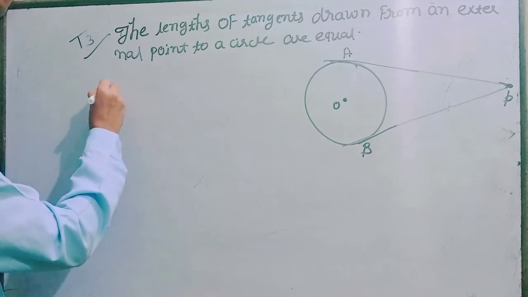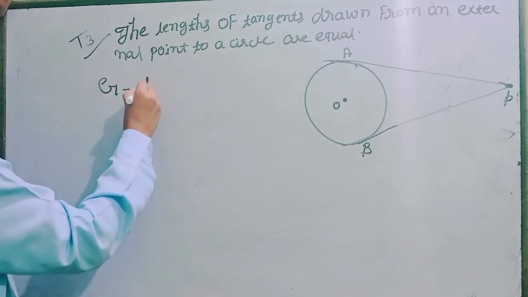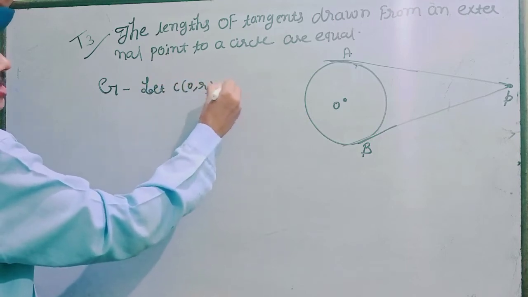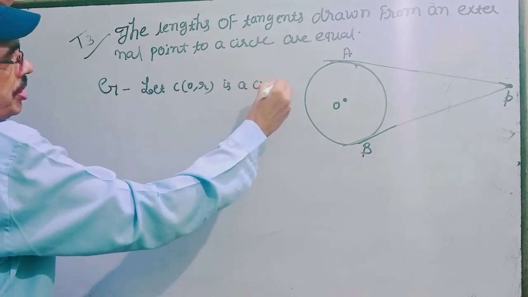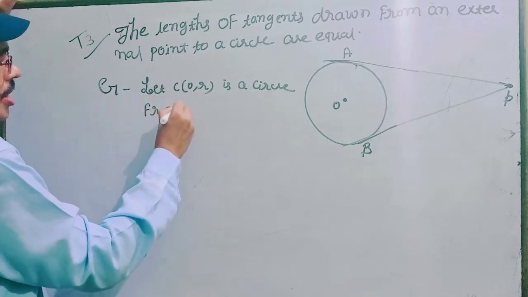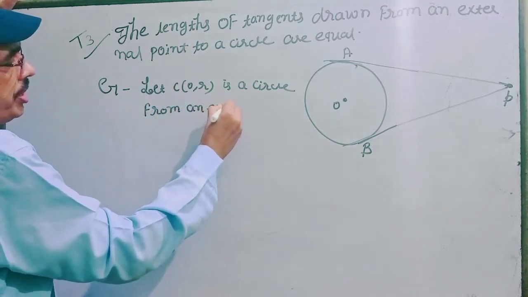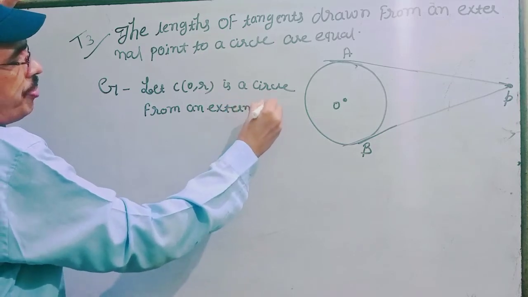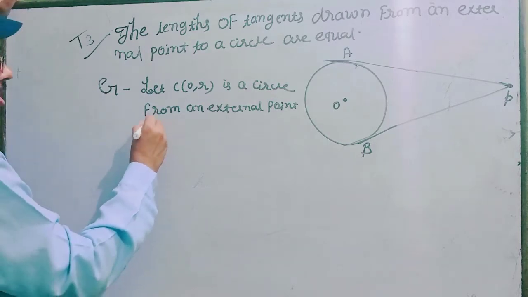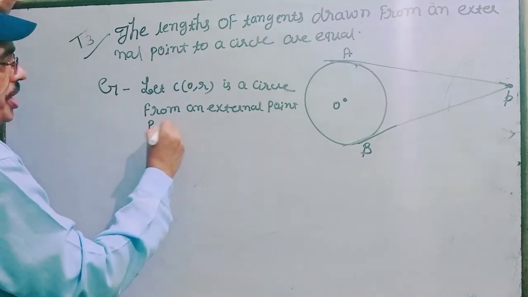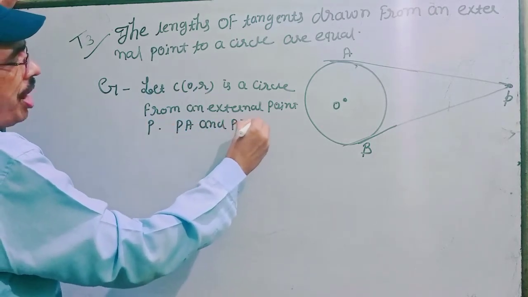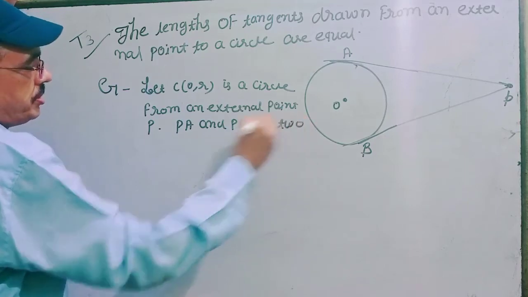So first you write given. What is given here? Let O be a circle, from an external point P, PA and PB are two tangents.